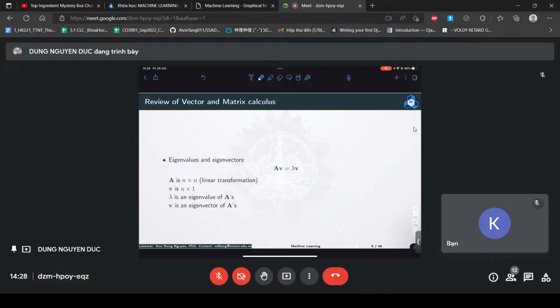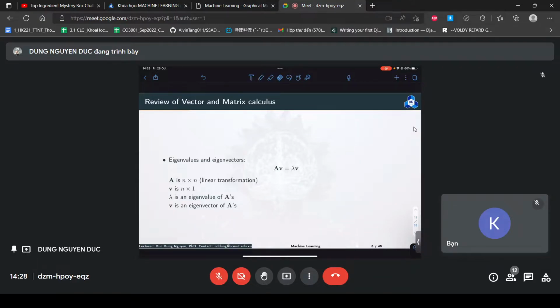And so if a vector v satisfies that criteria, that vector v is called eigenvector. And that constant, that scales vector v, is called eigenvalue. And we learned about this a long time ago.